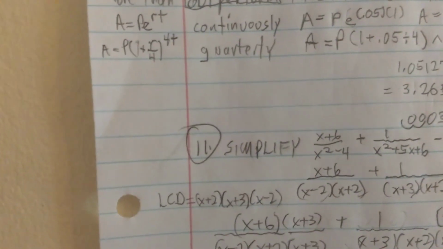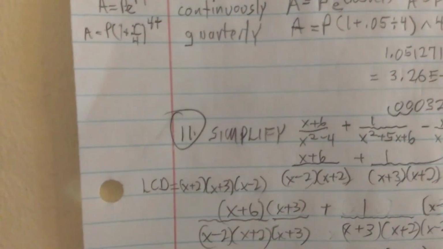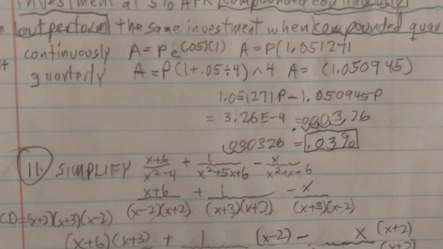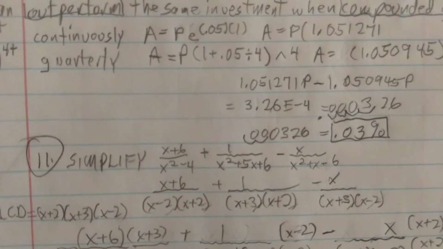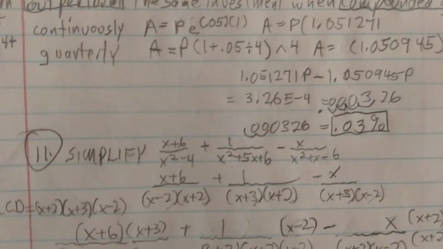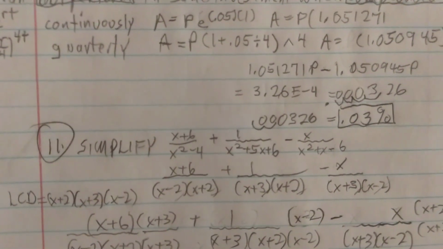So that formula is A equals P times parentheses 1 plus r over 4 to the 4 times t, 4 times a year in other words. So now we plug in to the continuous. We don't know A or P, but that's okay, we can still compare them. A equals P e to the 0.05 times 1 year.